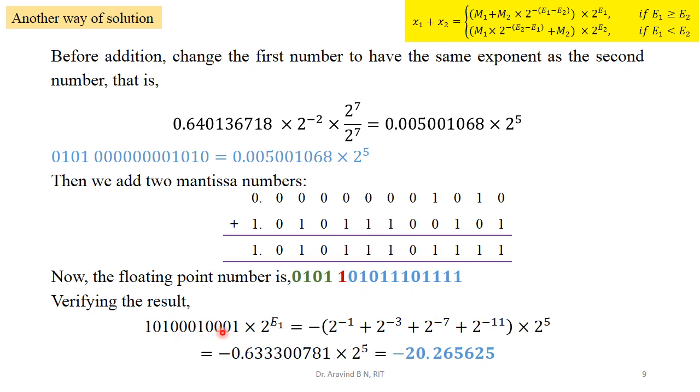So we have got this realization, and then it is multiplied with the exponent. This 2 to the power of e1 is nothing but the value we have taken over here, and the same value is represented over here. After conversion, we have got minus 20.265625. So this is the addition operation we are going to have.